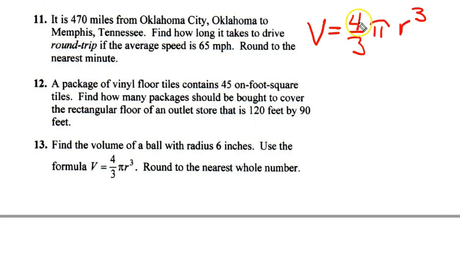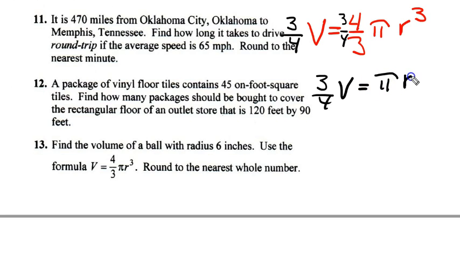Well, keeping in mind, this is all one term, to get rid of the fraction, you're going to multiply this by 3/4, and this side by 3/4. So you have 3/4 V equals pi r to the third. Now, to solve this, we have to divide out the r to the third, and this would be r to the third.